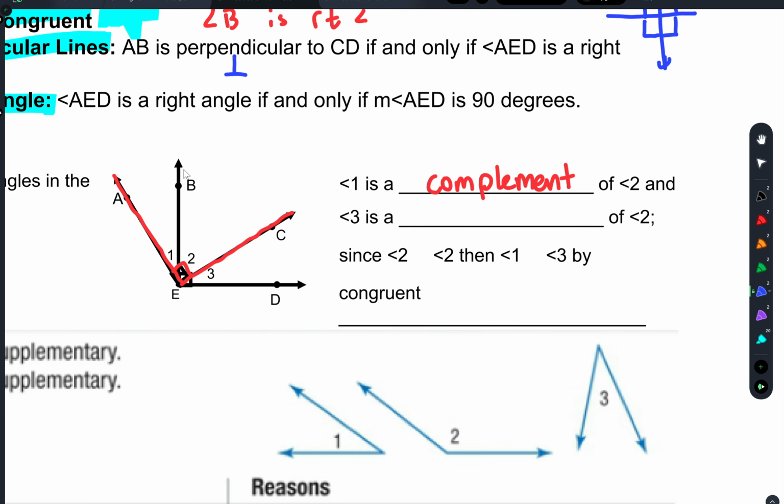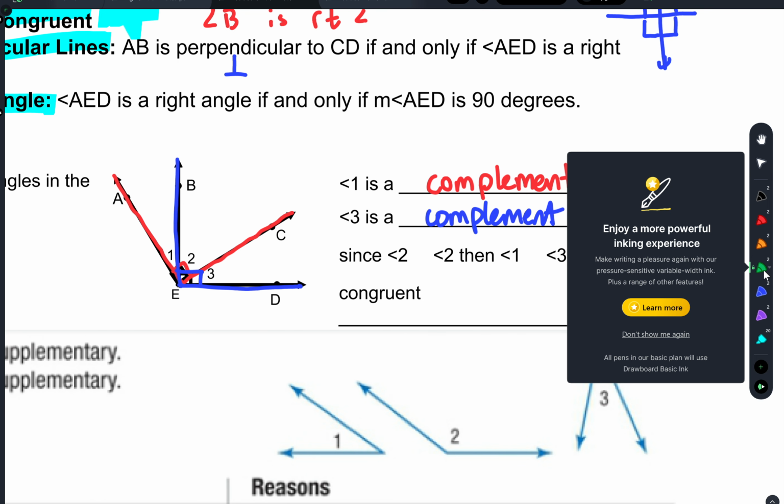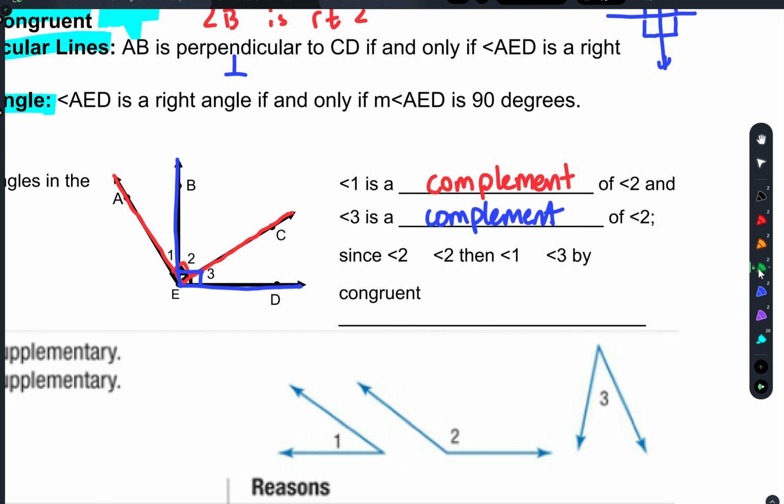Hopefully we also see the other right angle tick mark in there. Angle 2 and angle 3 form a right angle. So I could say angle 3 is a complement of angle 2. By the reflexive property, we know that angle 2 is the same as angle 2, right? It equals itself.